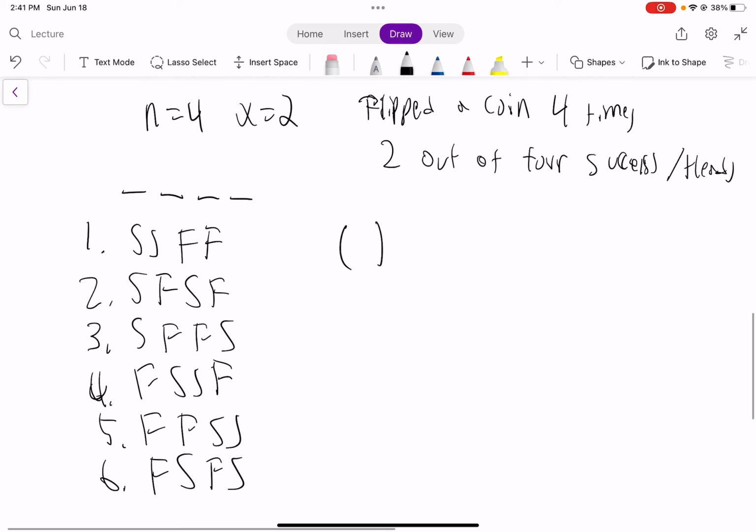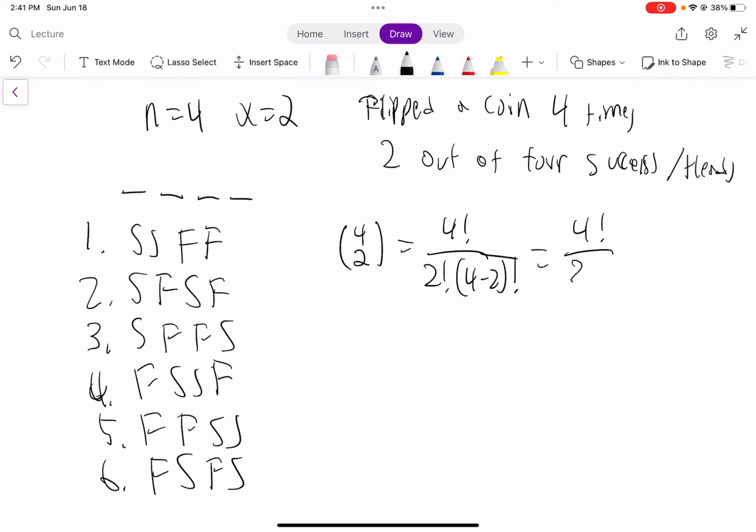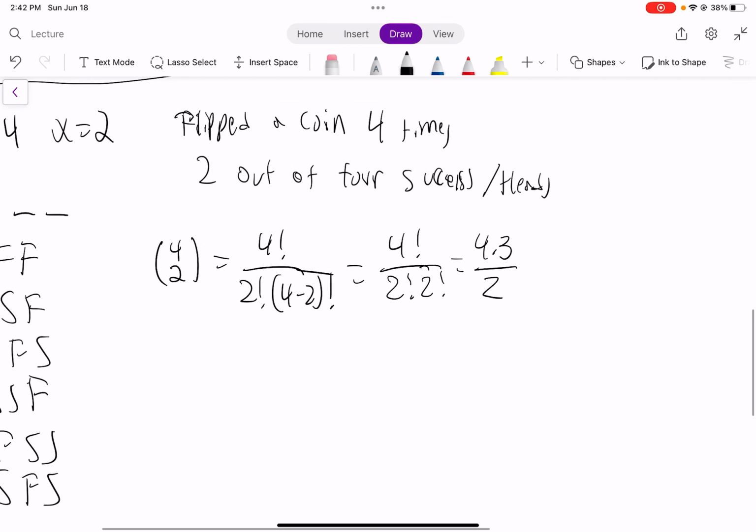In this case, we have 4 slots and 2 successes. What does this turn out to be? This turns out to be 4 factorial over 2 factorial times 4 minus 2 factorial. This turns out to be 4 factorial over 2 factorial times 2 factorial. This becomes 4 times 3 over 2.